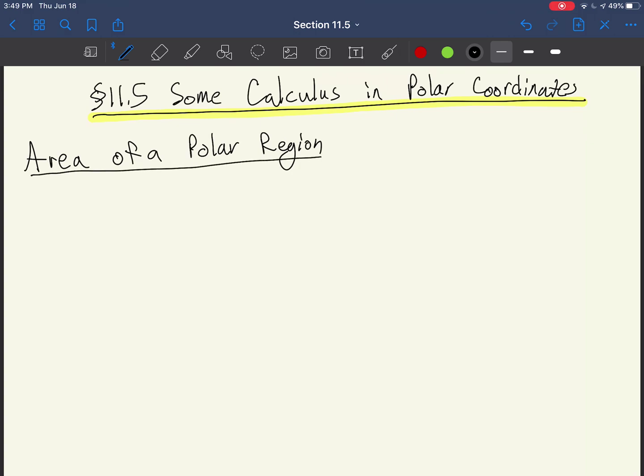So the area of a polar region. If we wanted to find the area beneath the curve, how would we go about doing that?